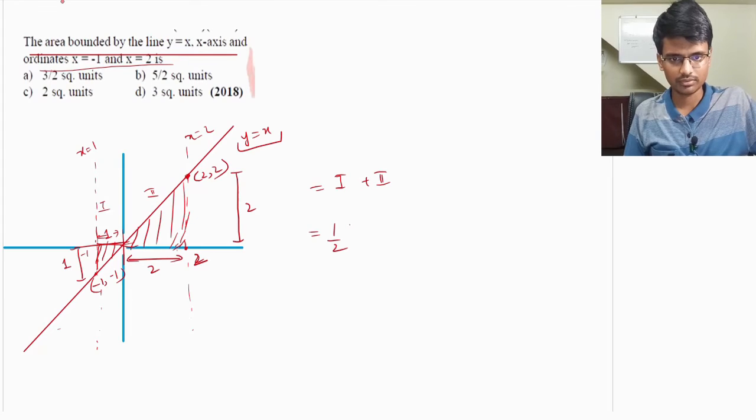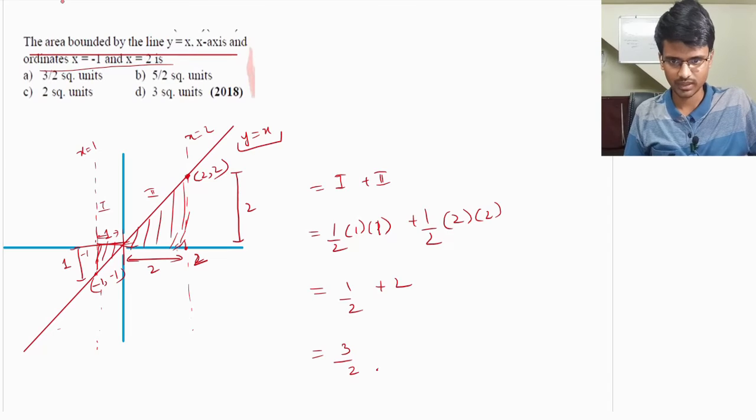Half, base is 1 unit, height is 1 unit, plus the second region, where the base is 2 units and the height is also 2 units. So I get 1 by 2 plus 2, which is nothing but 3 by 2. Pretty easy question. So the correct answer is option A.